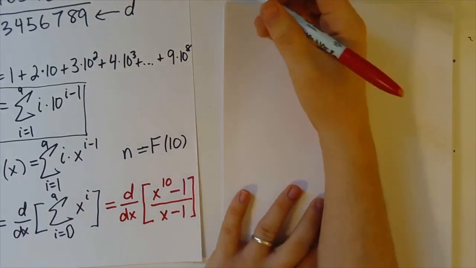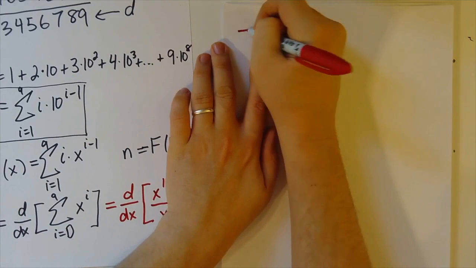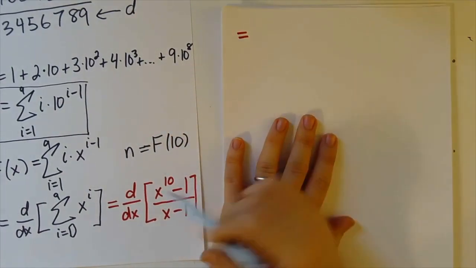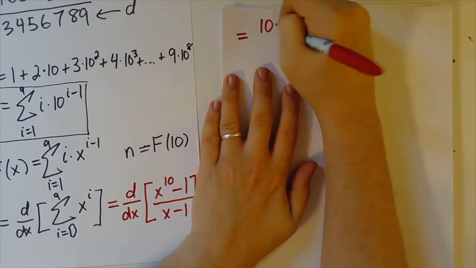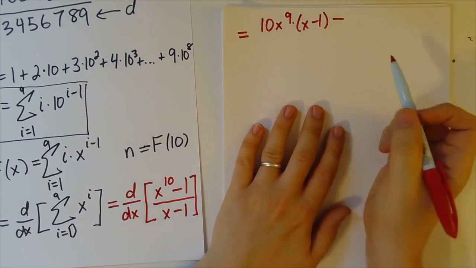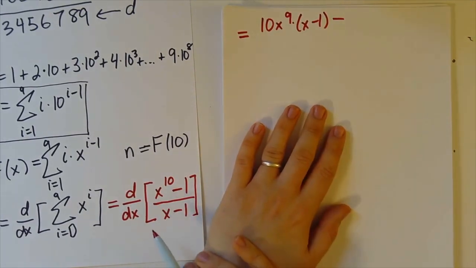Okay. Namely, that derivative is, so it's the derivative of the top times the bottom, so it is 10x to the 9th times x minus 1 minus, and then the numerator times the derivative of the denominator.